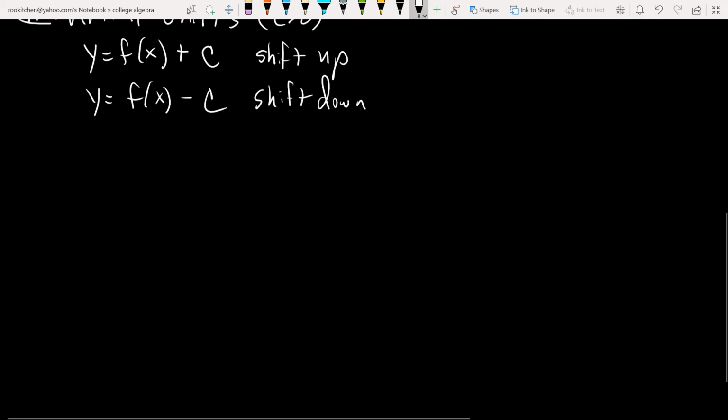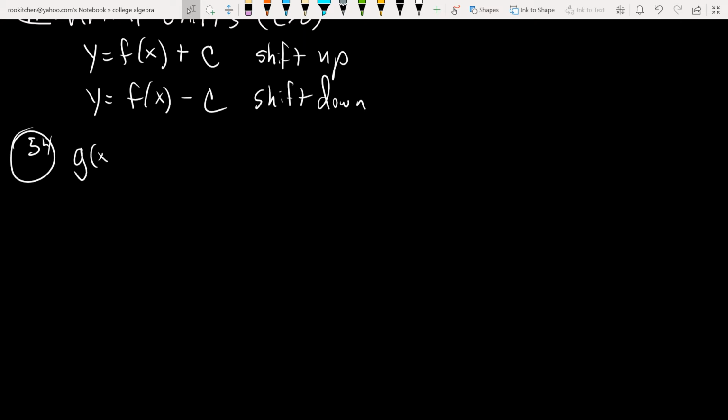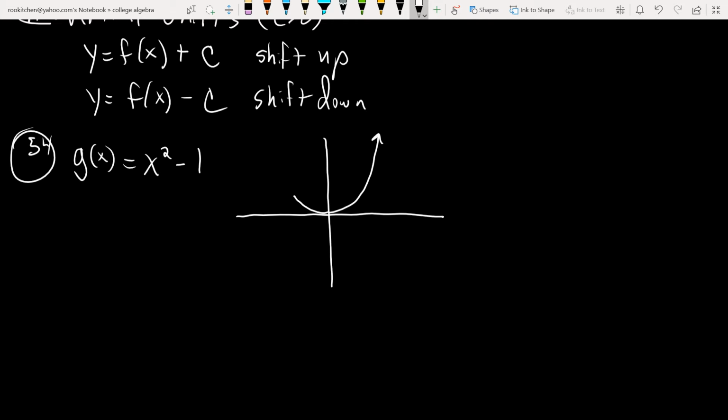Let's look at an example. I checked the book, and it is consistent with the book. This is number 54, but if you're watching in the future, it may have changed if we changed editions. g of x equals x squared minus 1. You can quickly draw that if you know what x squared looks like, and we do. So x squared looks like this. You can always add in some extra points, like 1, 1 is on x squared, and 0, 0 is on x squared.